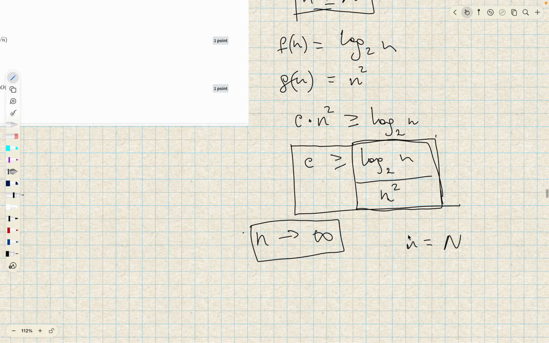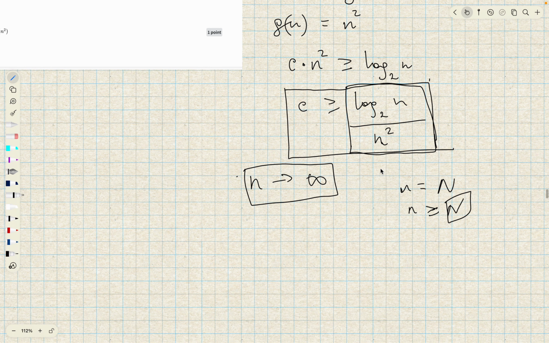So n should be at least this number N, and after the point when n reaches N, it doesn't matter how much we increase the small n, this inequality will still hold true.